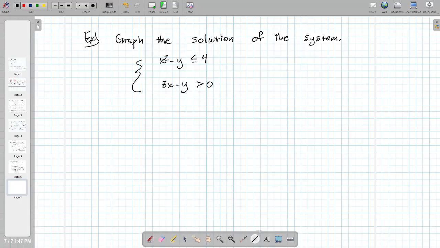Step 1 is to graph each of these inequalities on the same coordinate axes. x squared minus y being less than or equal to 4, if we solve for y, this gives us y is greater than or equal to x squared minus 4. Same inequality, add your y over, subtract your 4, we get this. Similarly, I'm just going to add my y to the other side, and I'll end up with y is less than 3x.